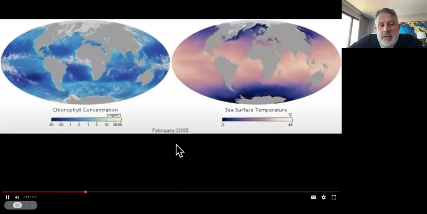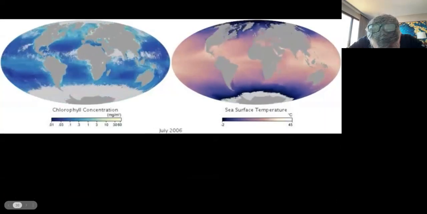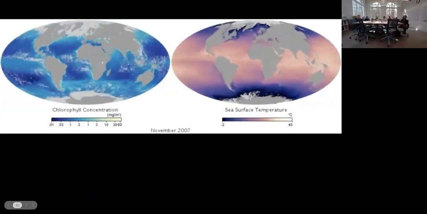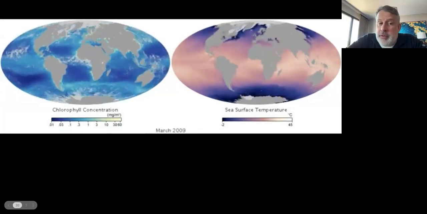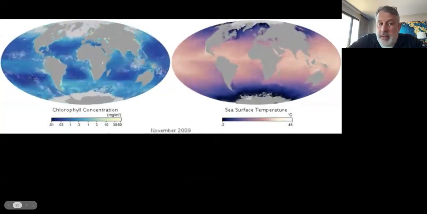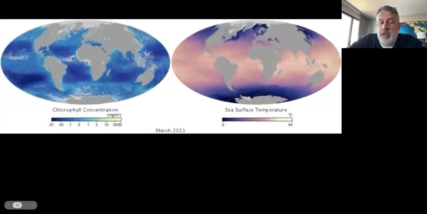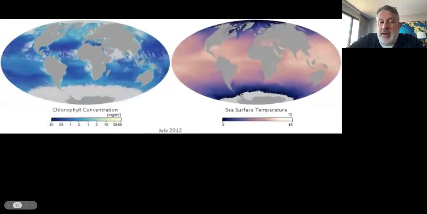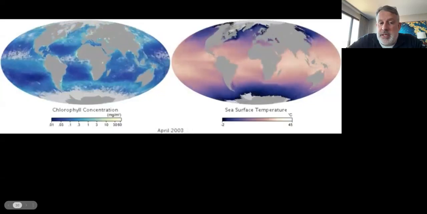Subtropical regions, are they high or low in chlorophyll? They're low. The equatorial regions are high in chlorophyll because of the equatorial upwelling, but the subtropical regions have these convergences in them. So the surface water is being pushed down and away, and it doesn't have a local source of nutrients to refresh it.